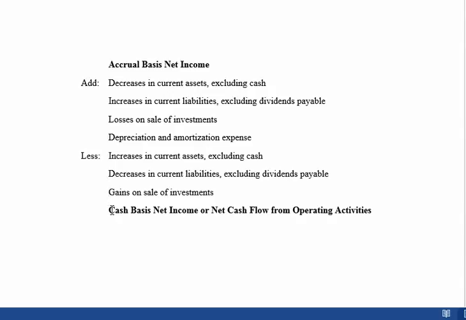And that's going to bring us to, this says cash basis net income, but what we're really calculating here is net cash flow from operating activities. That's two names for the same thing. In this context, we would use net cash flow from operating activities. I'm going to change this up a little bit here. It's assumed to be accrual basis net income.